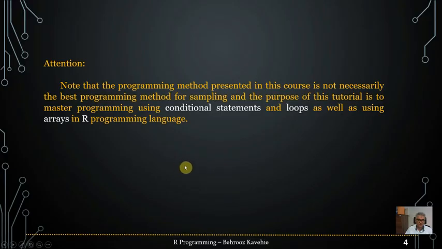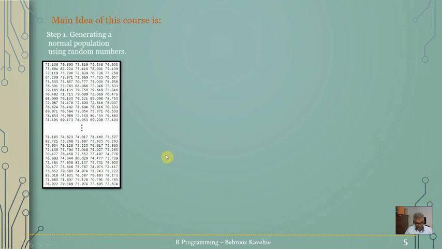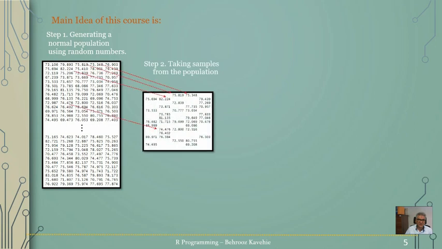So, what's the main goal? Since we don't have real data, in step 1, we use a random number generator to select about 500 members for our population. I will explain what a population is in the next slides. In step 2, we will extract samples from the population using statistical methods.